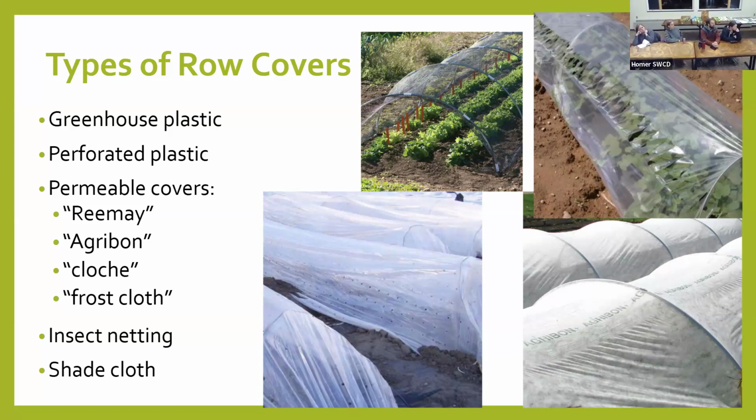Mostly what I see people use is this permeable cover on the lower right, and it goes by several different terms: Reemay, Agribon, cloche, frost cloth. Got another slide with some more names for it. And then shade cloth is the last one that people could use. We'll talk more about potential uses for that.